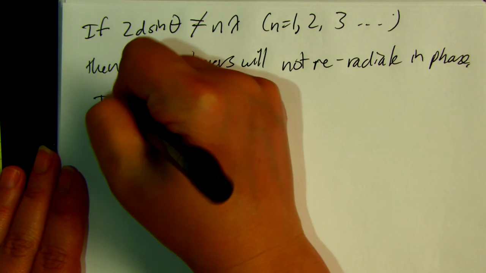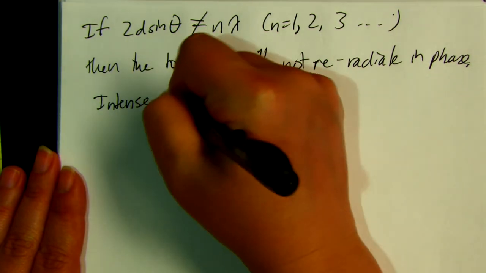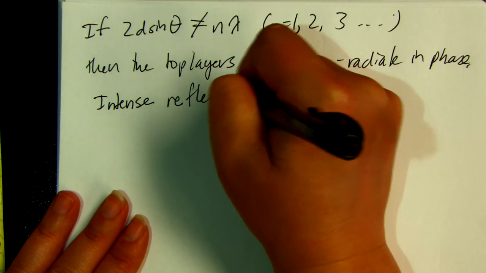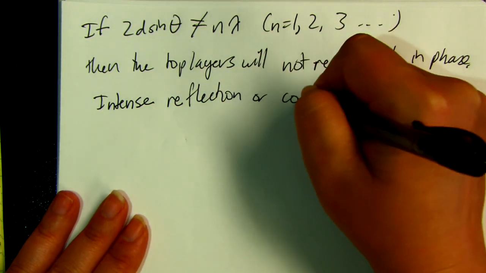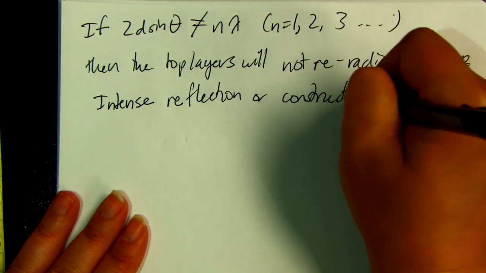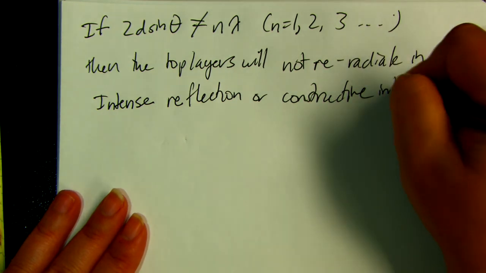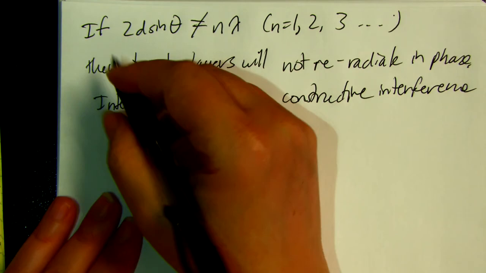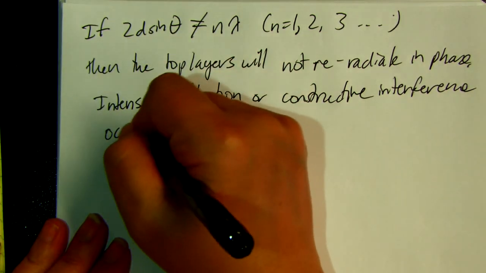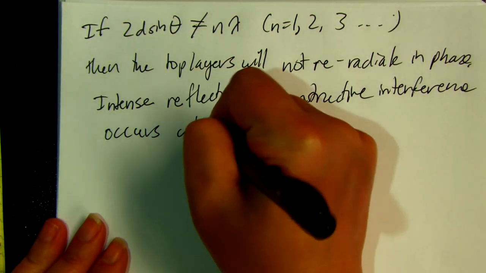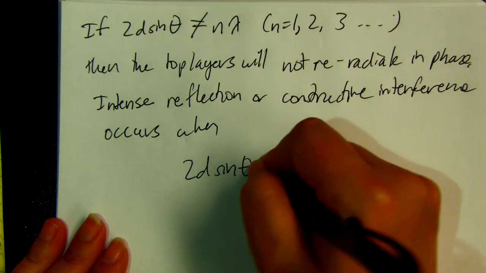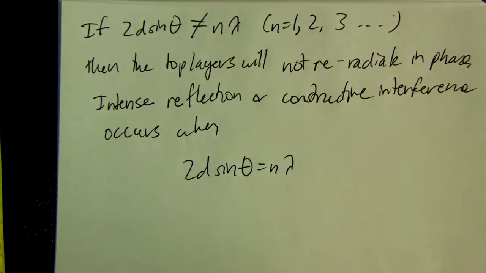And intense reflection or constructive interference occurs when 2d sine theta is equal to n lambda.